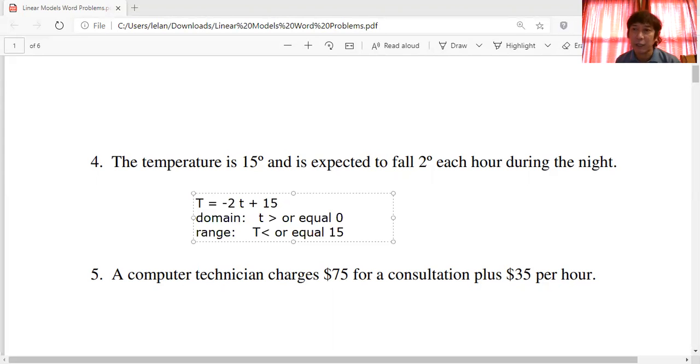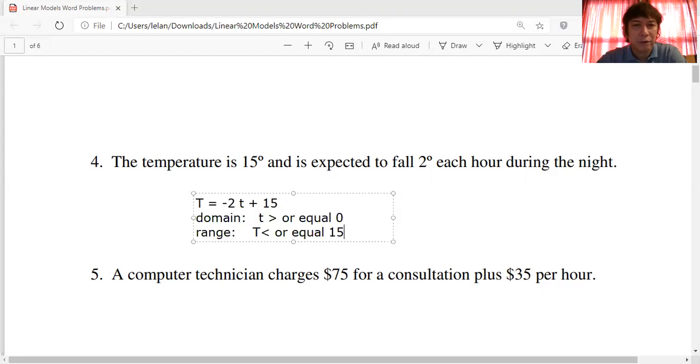Remember, we can have a negative temperature, below 0. So that would have a lower than 0 value. So we can just write capital T less or equal to 15 degrees. It's possible to have a negative value for temperature. So that will be the answer. You just have to interpret that less or equal.